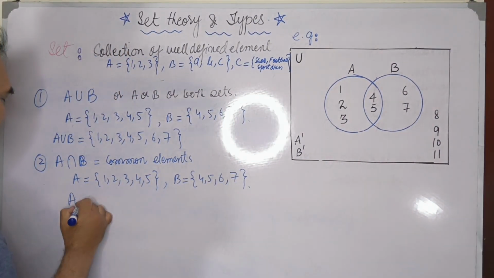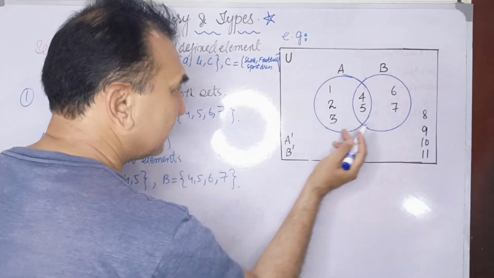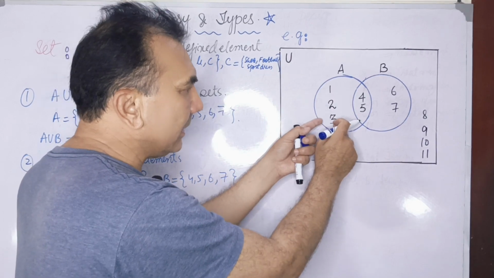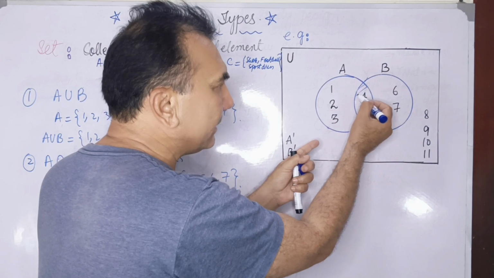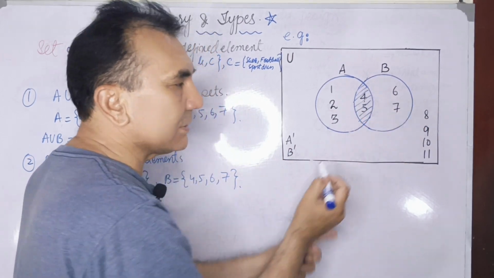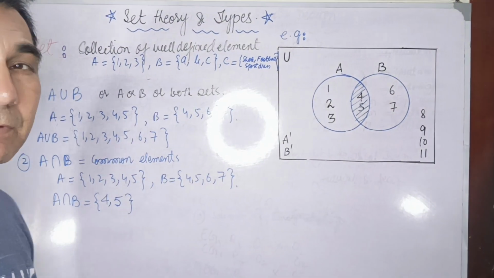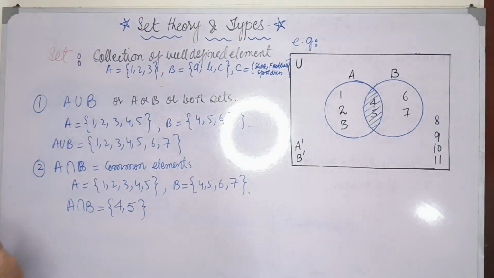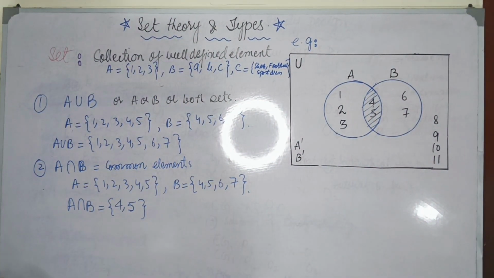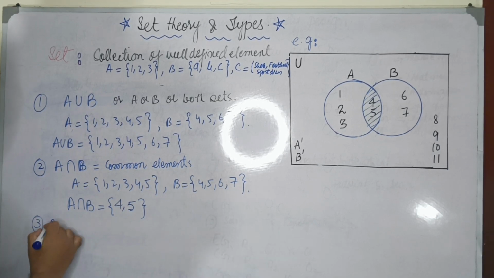So when we write A intersection B, what is common? This is set A 1 2 3, and this is set B 6 and 7. 4 5 is the intersection part of both sets. So 4 and 5 are the common elements present between the two sets.